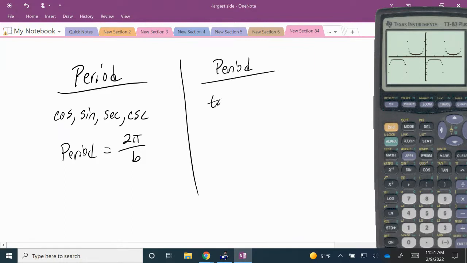However, if you're dealing with the tangent and the cotangent, the period is pi over b. Right? So remember, the period is just the amount it takes to make one complete cycle or revolution. So we have a new formula for the period of the tangent and the cotangent function.